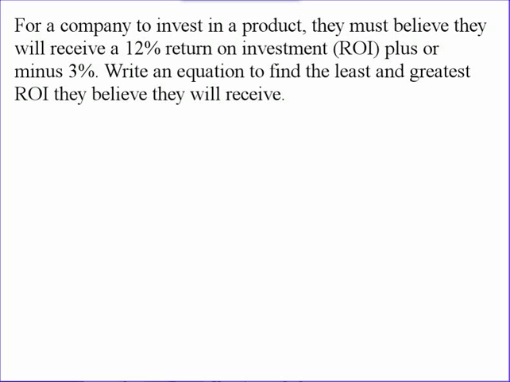You would do the absolute value of 12 equals plus or minus 3. No, it's not. They must believe they will receive a 12% return on investment. I'm going to leave that right here.